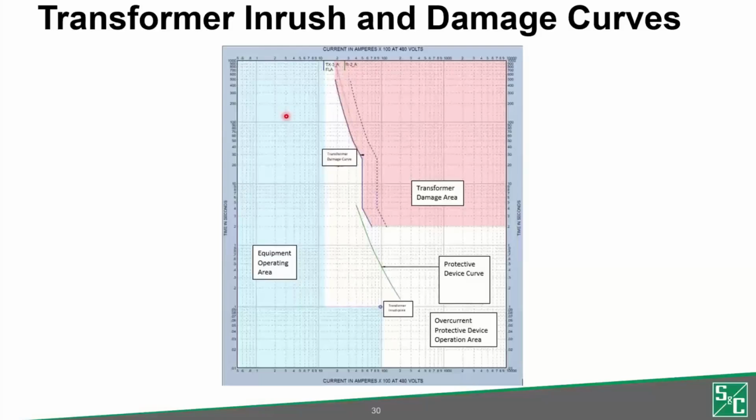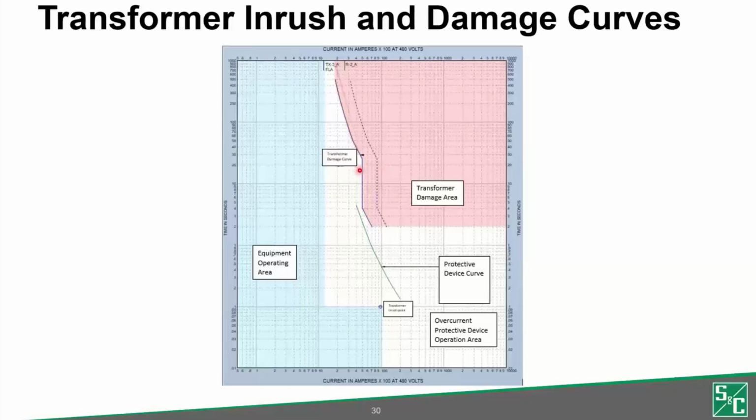But also, when you plot a transformer, you have full load amps of the transformer at the primary voltage, and then you've got transformer damage curves, which represent if there's a fault and the current is higher and exists for this long on the transformer, you could have physical damage inside the transformer to the mechanical workings of the transformer.